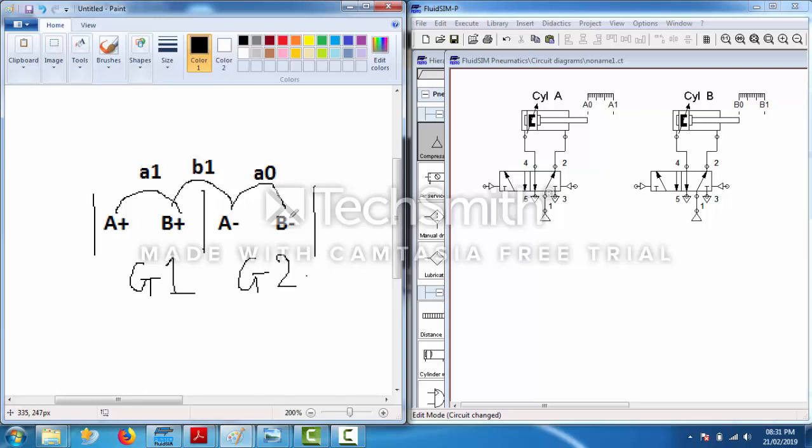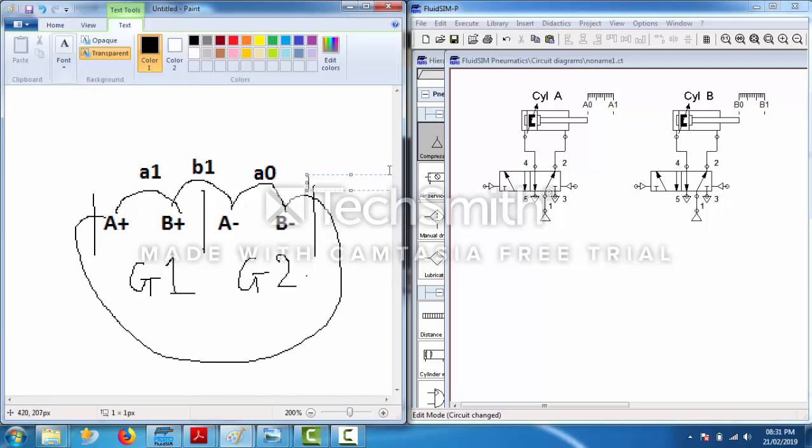It will only know when B minus has been completed. And how will we know that B minus has been completed? Because sensor B0 will be activated. So from here to here, it will be B0. B0 sensor will tell us that A plus should happen now.